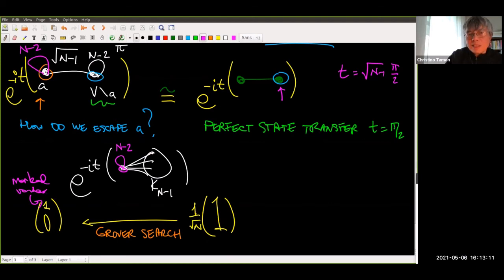It's marked by this self loop, and you can view this as an oracle. That's the oracle influencing this. This is like a rank 1 perturbation of the adjacency matrix of the clique. This was all observed by Farhi and Gutmann.